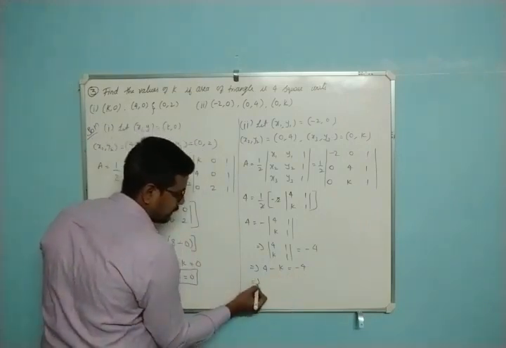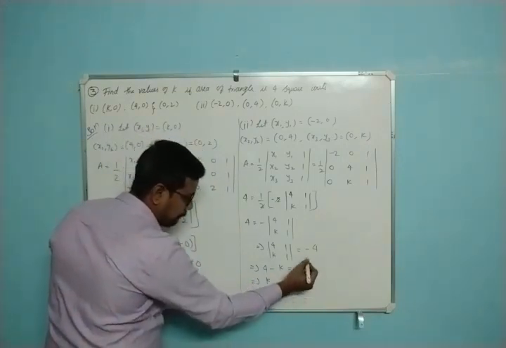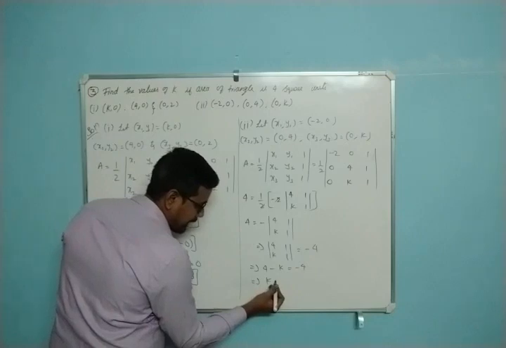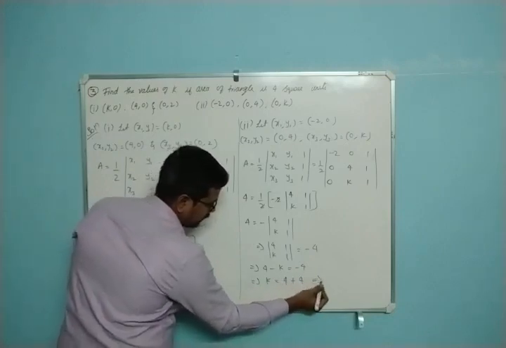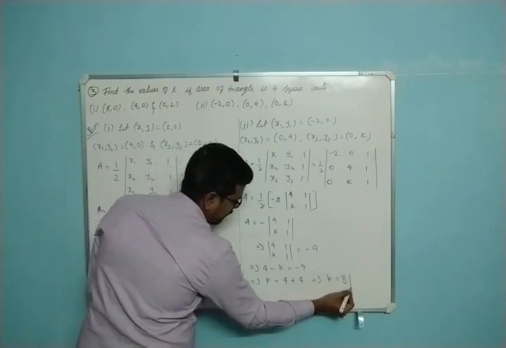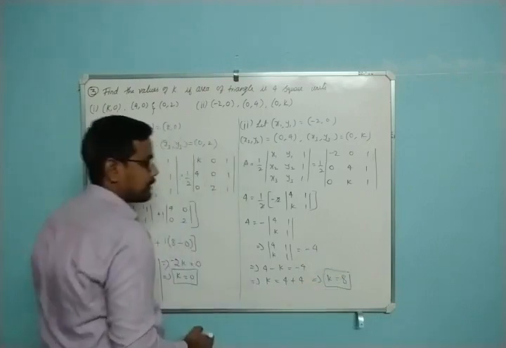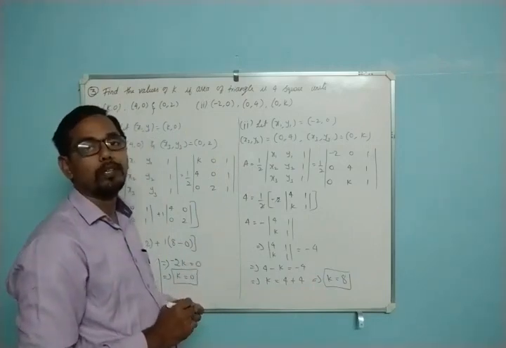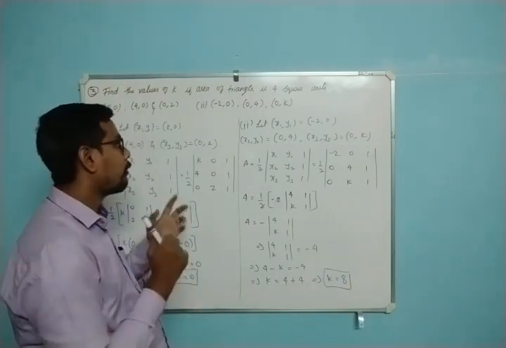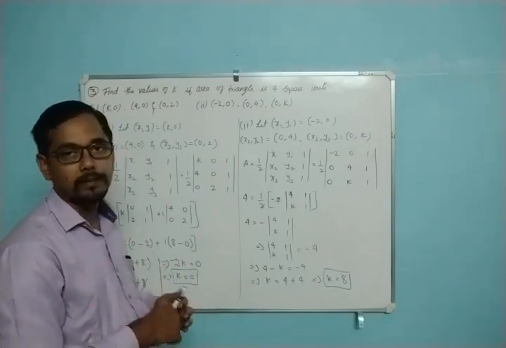Take k to one side and bring 4 to this side. So k is equal to 4 plus 4. So k is equal to 8. This is the value of k. I hope these problems are very clear to you. So now you pause the video and make a note of this.